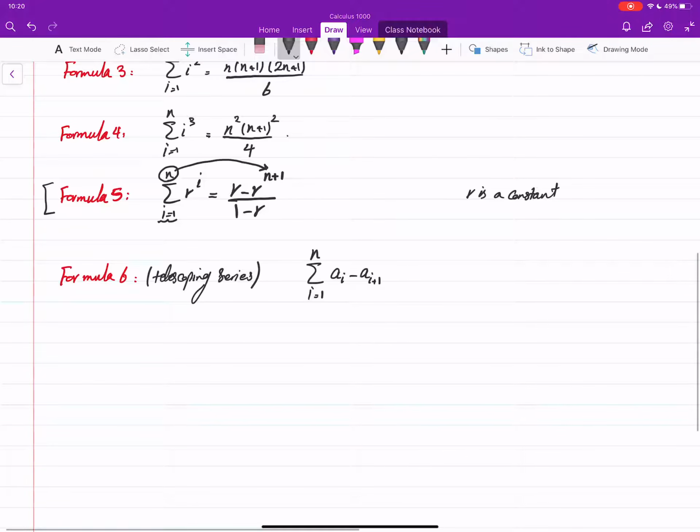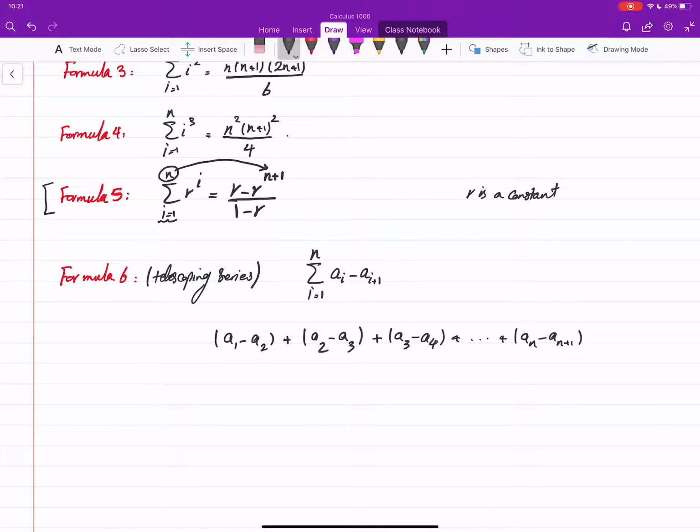What does this mean? This means that you have a1 minus a2, added to a2 minus a3, plus a3 minus a4, and this will go up to an minus a(n plus 1). As you can see, a2 cancels this one, a3 cancels this one, a4 cancels.